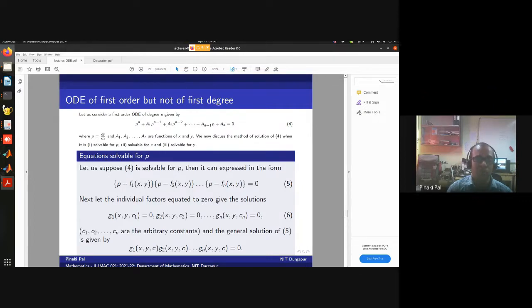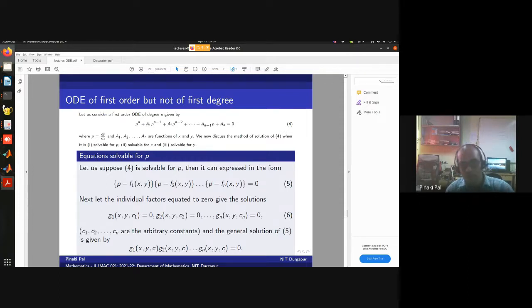We will solve all the equations. So we have n number of equations at most in that case. Solving the equations, we will get different solutions, and then we can write the general solution in this form: g1(x,y,c), g2(x,y,c), and gn(x,y,c) equal to 0.